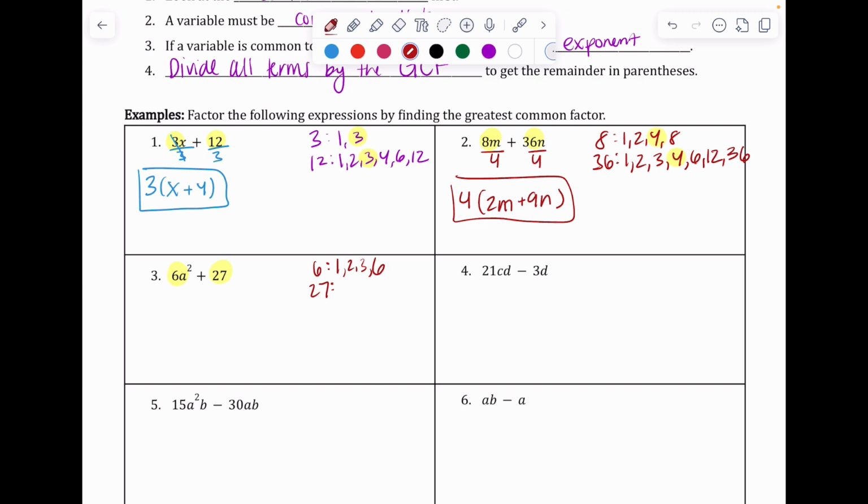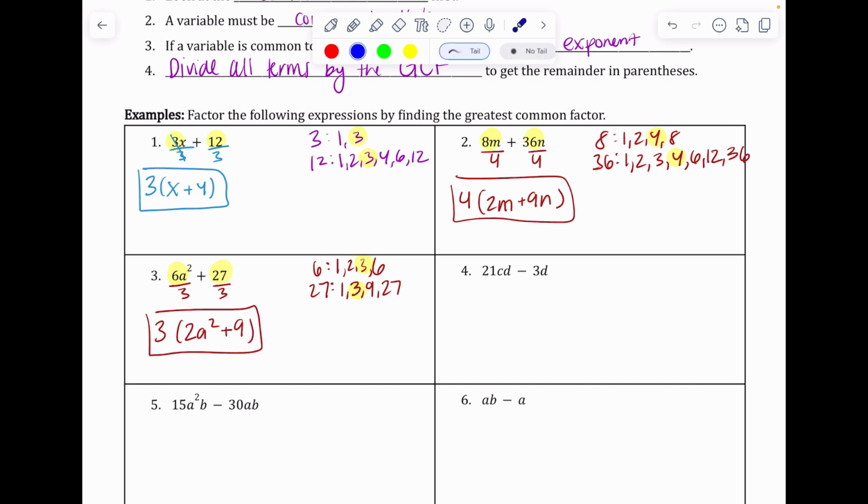Now 27, I have 1, 3, 9, and 27. So my greatest common factor in this case would be 3. So I'm going to divide both coefficients by 3. Where I factored out the 3, I'm left with 6 divided by 3 is 2a squared. 27 divided by 3 is plus 9.